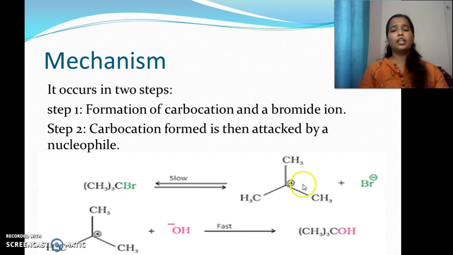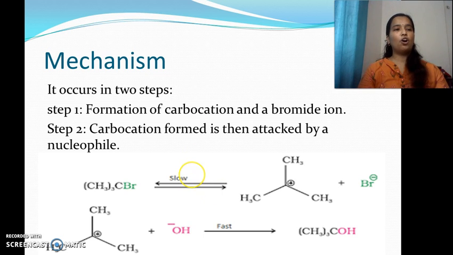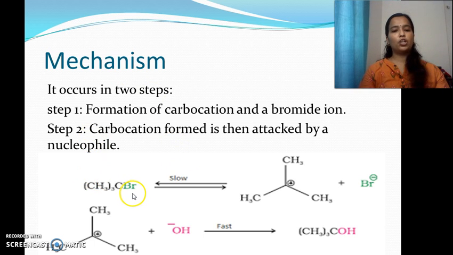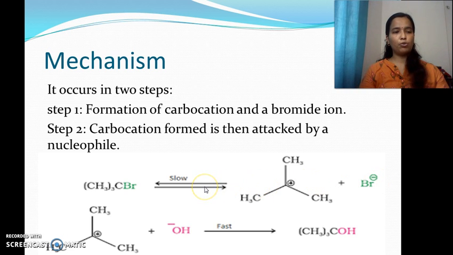It is a slow step, it is a reversible step. And here comes the role of polar protic solvents. The polar protic solvents solvate this, and it is then getting converted to carbocation and halide ion. So the first step is the slow step.